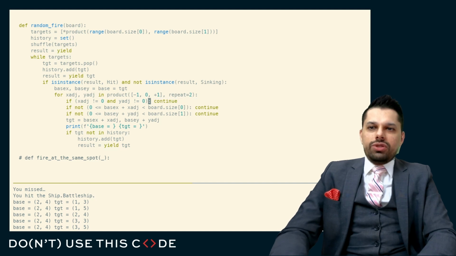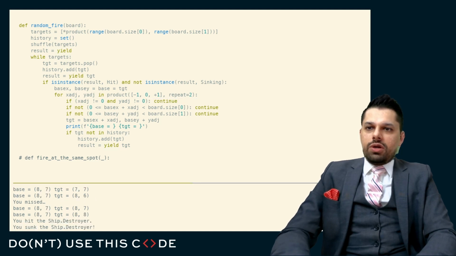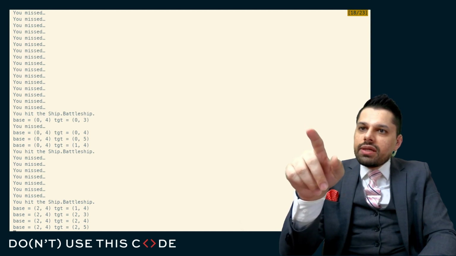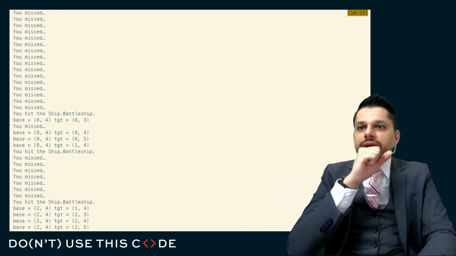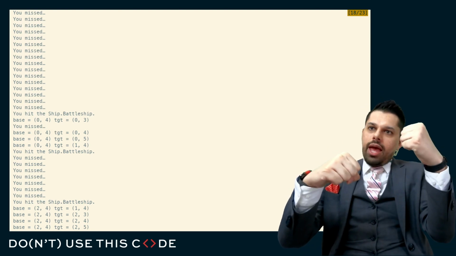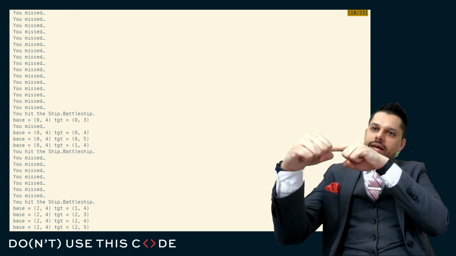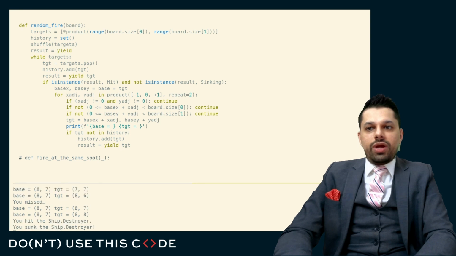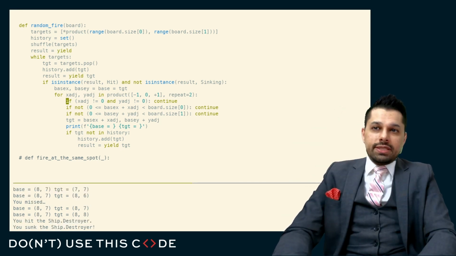So one of them has to be equal to 0. Let's see if that solves our problem. Okay, we missed, and then we hit again. Okay, then we tried again, we hit again. Very good. And so I think that probably what happened is we hit at the far end, and then it hit again at the next stop, and then it needs to kind of repeat that analysis rather than keep shooting in places that it doesn't see.